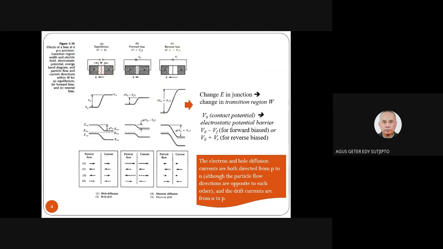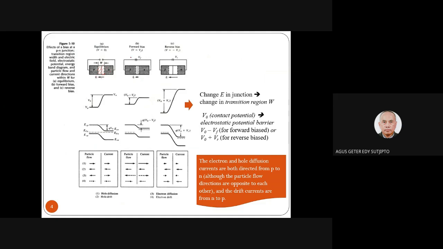So in the junction we have the potential difference V0, and V0 causes an electric field in the junction, which further causes the mobility of holes from the N side at the junction region to the left, and electrons from the P region to the N region.